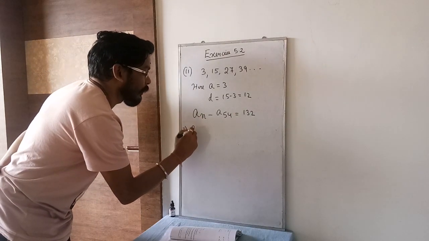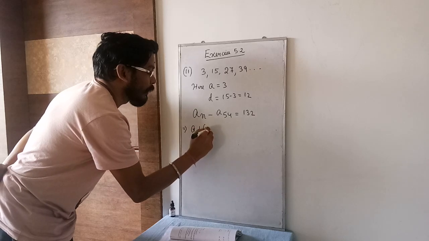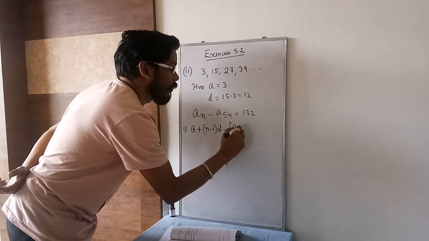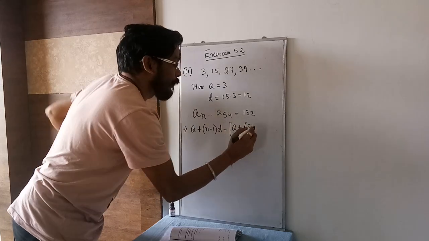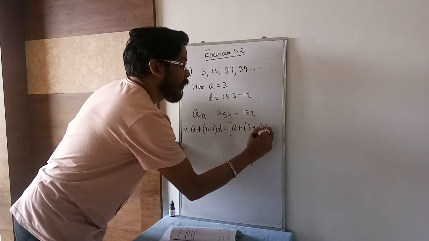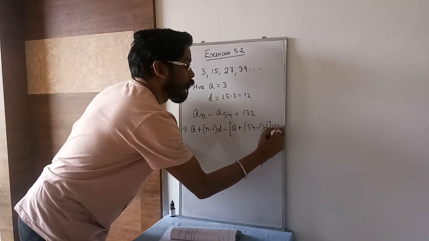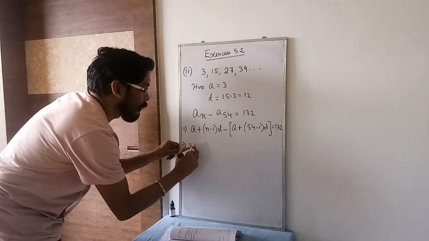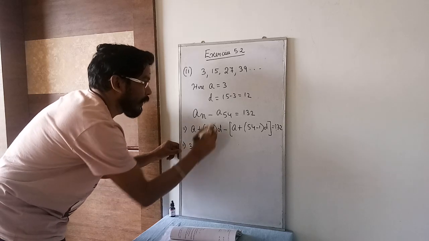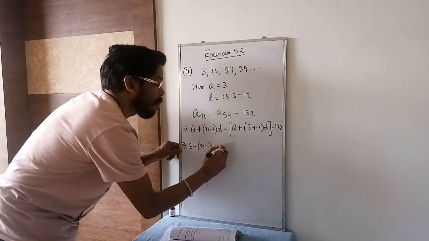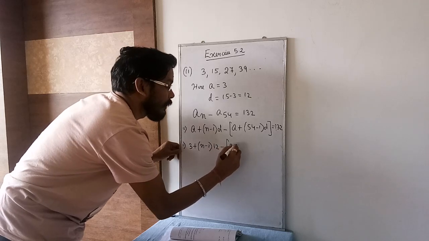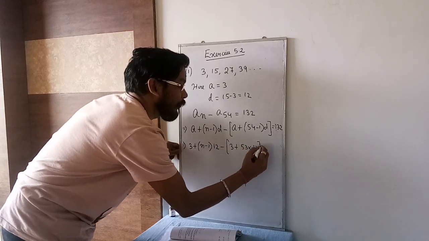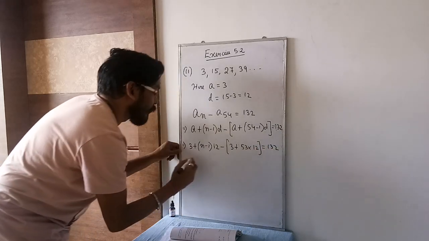So I will write the formula. It is a plus (n minus 1) into d, minus, for the 54th term, a plus (54 minus 1) into d, equal to 132. Putting the values, a is 3, so 3 plus (n minus 1) into 12, minus (3 plus 53 into 12), equal to 132.